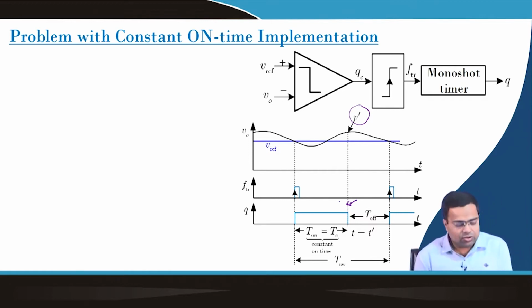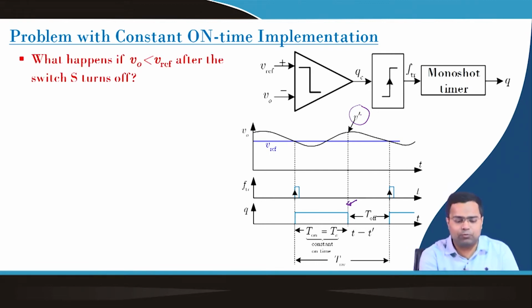my question is, what will happen if, after the on time is over, that is, your monoshot timer goes low, the V dash is lower than VREF? That means the output voltage is smaller than the reference voltage after the switch turns off, at this particular instant, t equal to t dash.